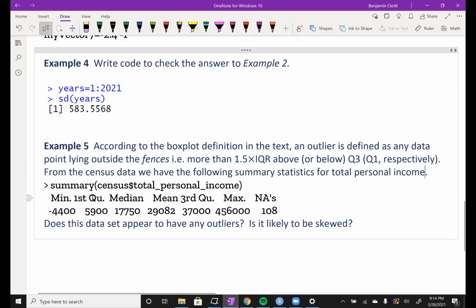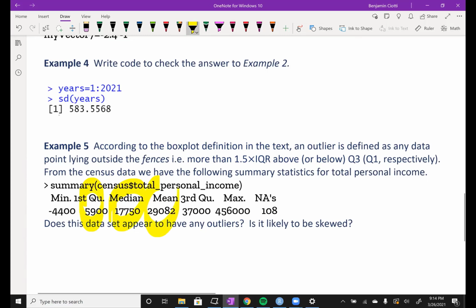You can see it has a minimum, the first quartile, the median, the mean, the third quartile, and the maximum. Apparently, there's a few data points which were not available. Don't worry about those. So, question, does this data set appear to have any outliers?